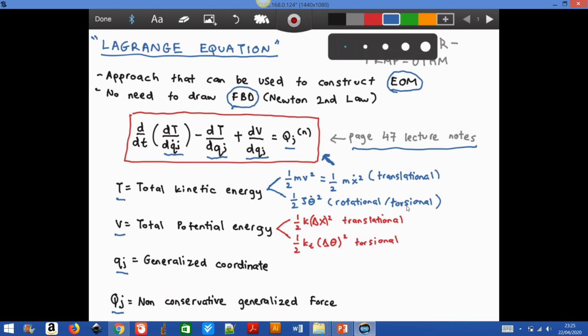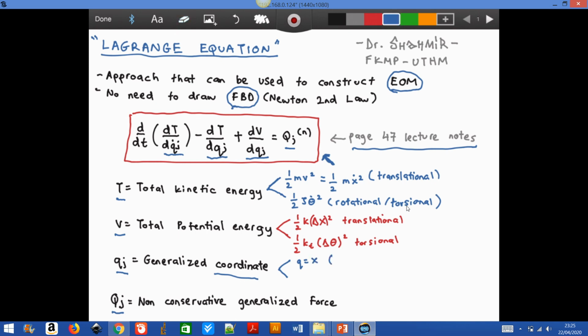Okay, and then what is qj, the generalized coordinate here? We can also describe it in two ways: for translational vibration, q is equal to x.